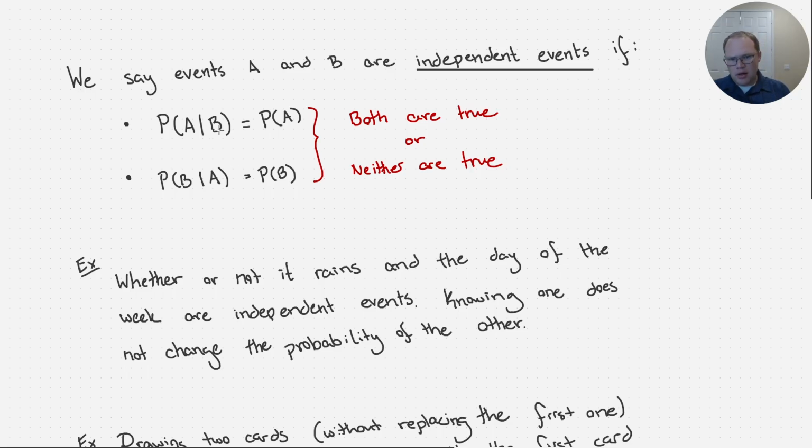If knowing B doesn't influence A, then knowing A also wouldn't influence B. They're totally independent. So you only have to test for one. When you are checking if two events are independent, you only have to check one of these formulas. As long as one of them is true, then we know both are true.